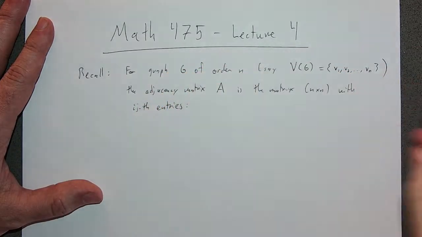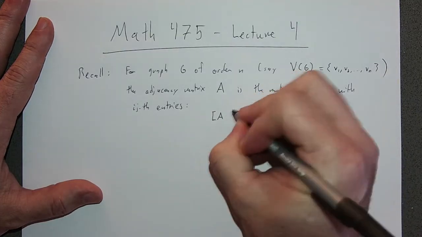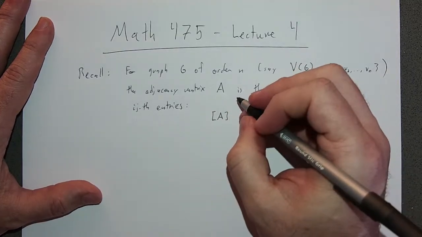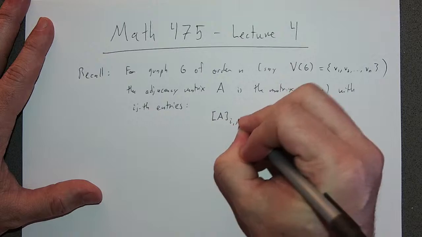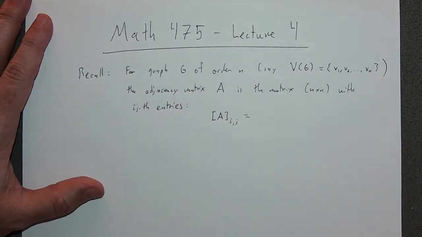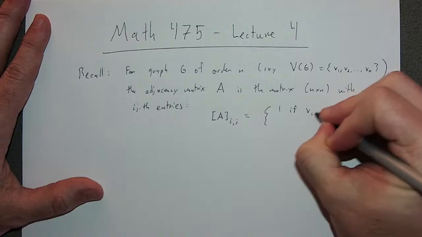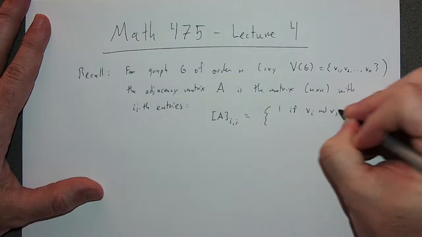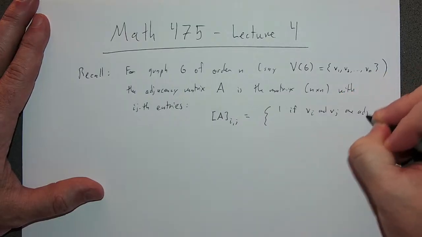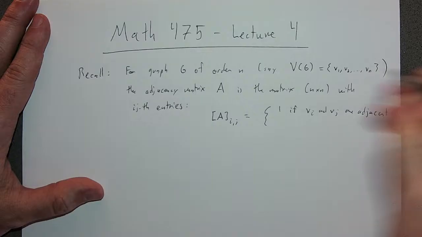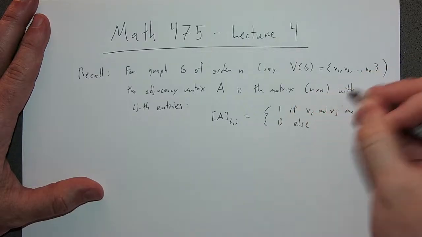So its ijth entries are, and again, this is the notation we're using just to be consistent with the textbook, even if it's a little cumbersome at first, 1 if vertices Vi and Vj are adjacent, and 0 otherwise.